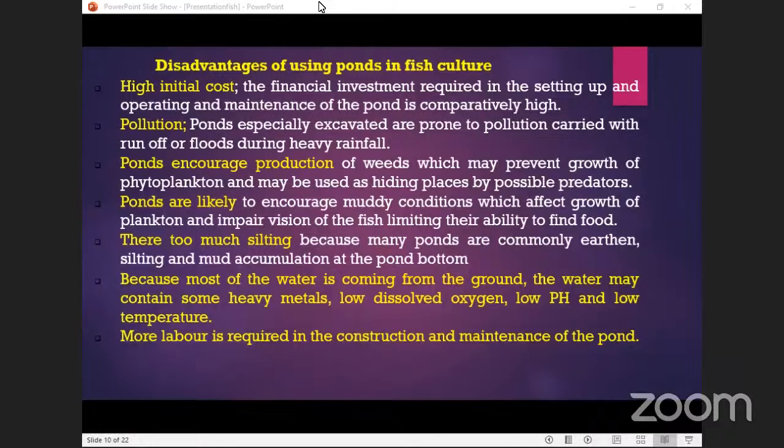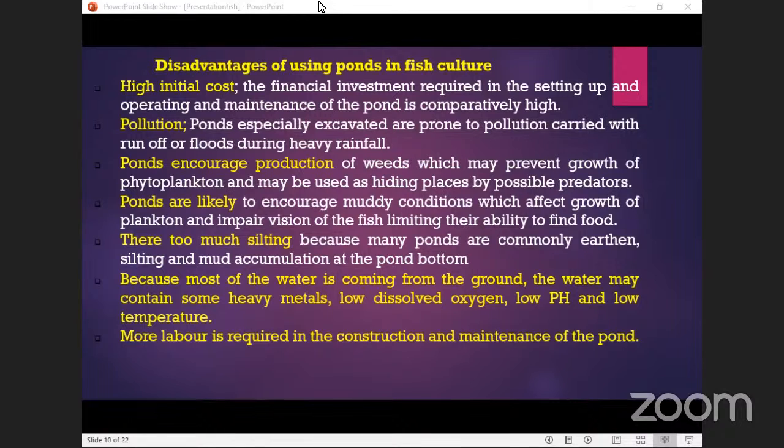All of us know that there are so many metals which are found below the ground. Some are undissolved, some are heavy, and then the oxygen may not be dissolved properly for the fish to consume or to use. And then the low temperatures, too cold, can make the fish dormant.